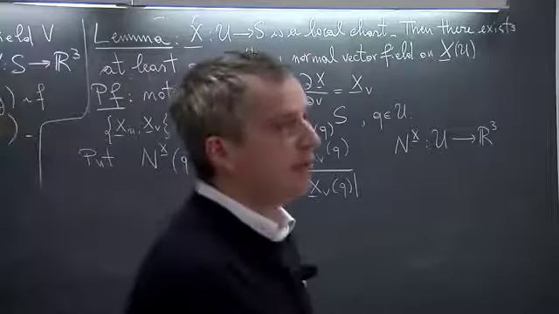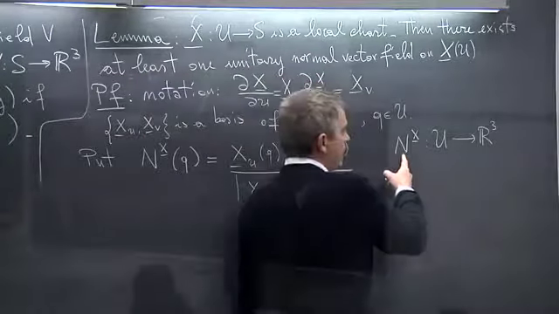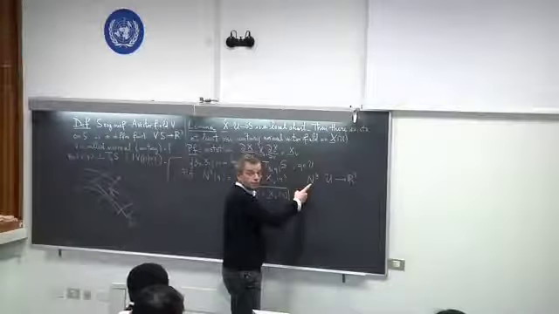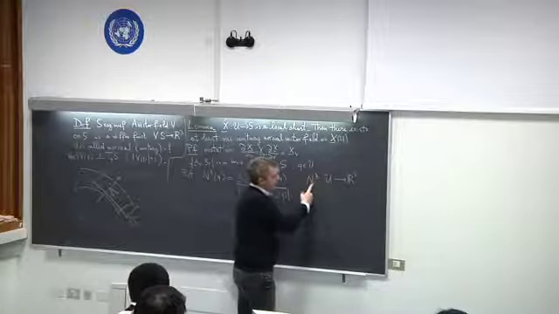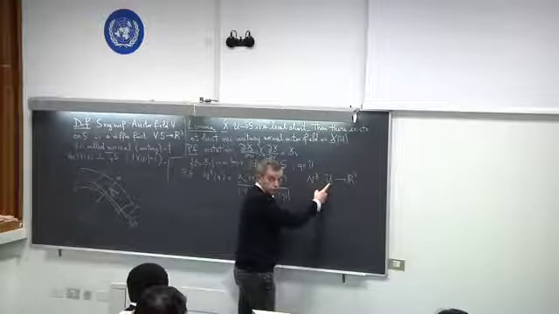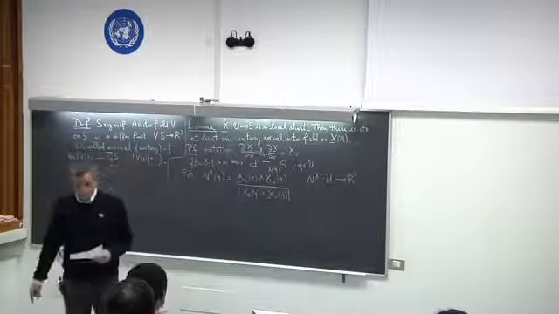You see why I'm emphasizing this little ambiguity. So strictly speaking, N is not a vector field on S or X of U, but it's a vector field on U. So we have to do something if we want to adjust it.